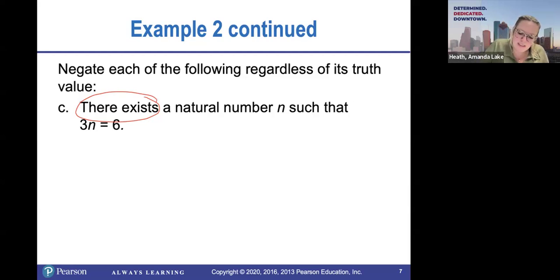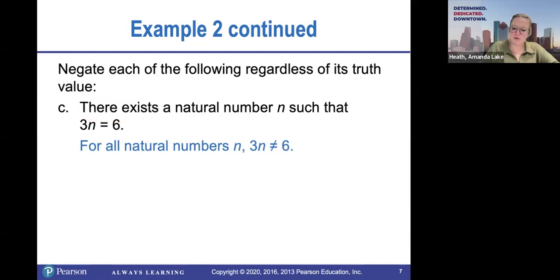So we want to say if there exists a natural number n such that 3n equals 6, the opposite of that would be there are no natural numbers n such that 3n equals 6. Or similarly, we could just claim that for all natural numbers n, 3n is not equal to 6.